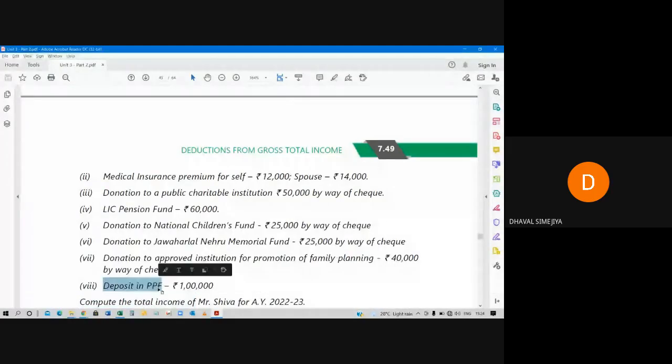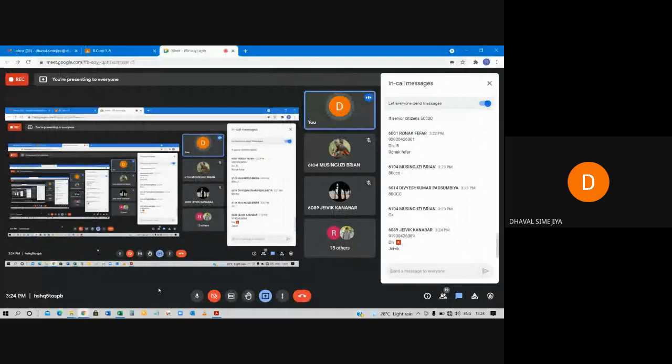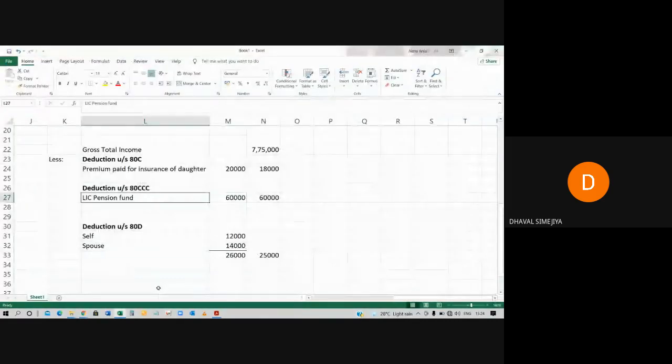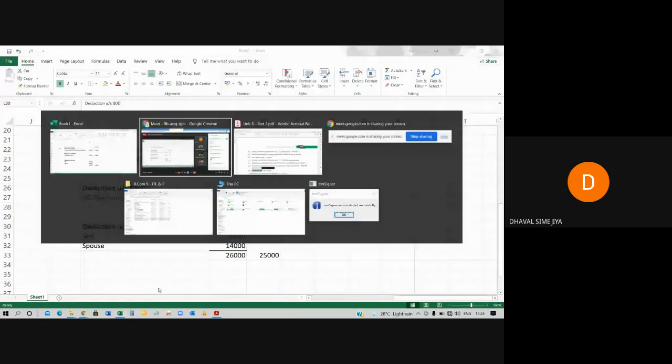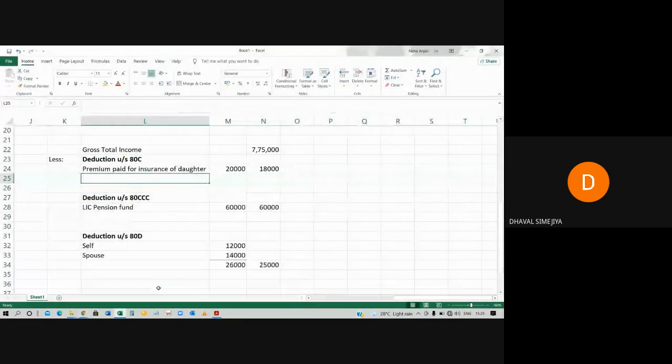Last question of today's session: deposit in PPF will be available under which section? 80C, 80CCC or 80D? Yes, Divyesh. Deposit in PPF is 1 lakh rupees.